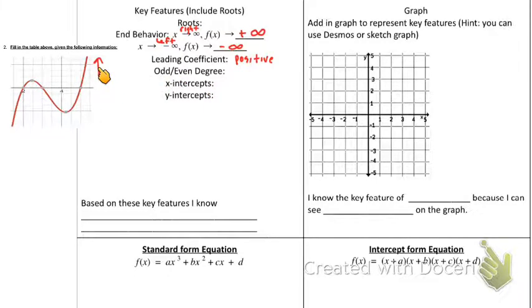We answer this by looking at the left side. If my left side is doing the same as my right side, it would be an even degree. Since it's not the same, it's going to be an odd degree, because the left side and the right side are doing opposites. So based on this, we should get an odd degree.